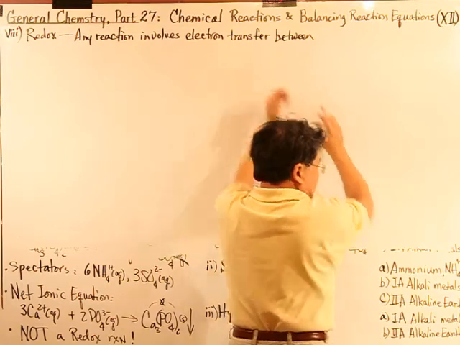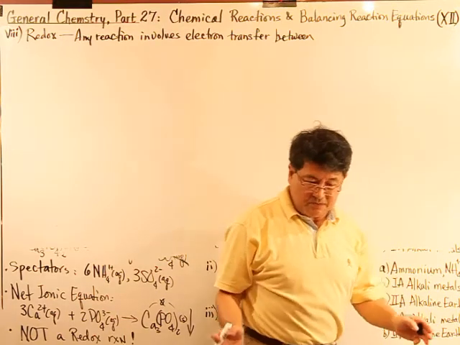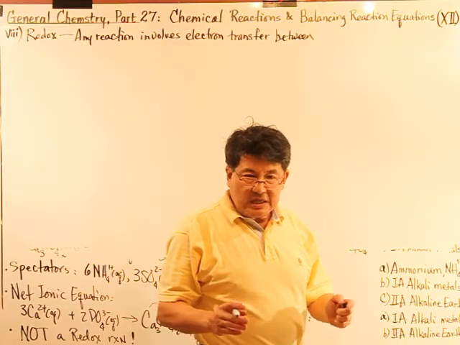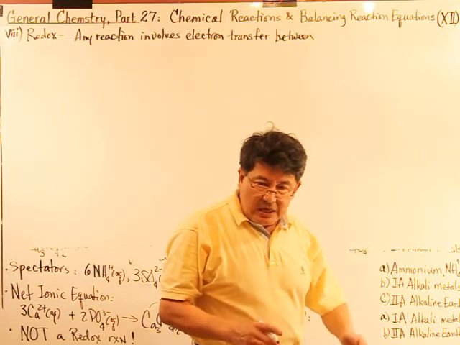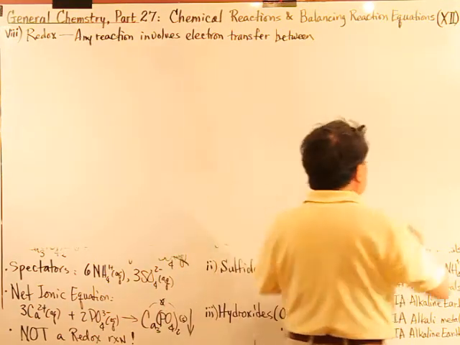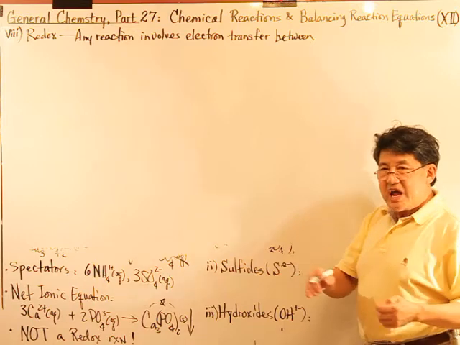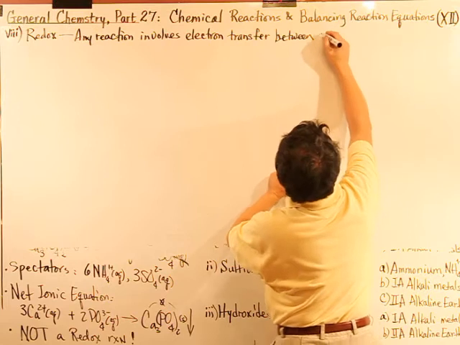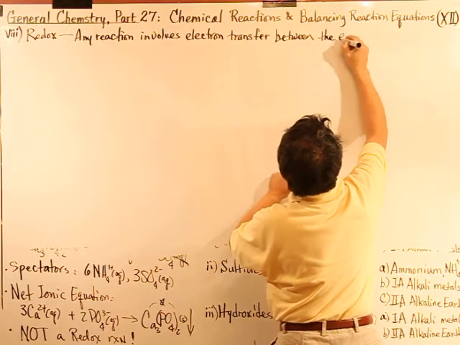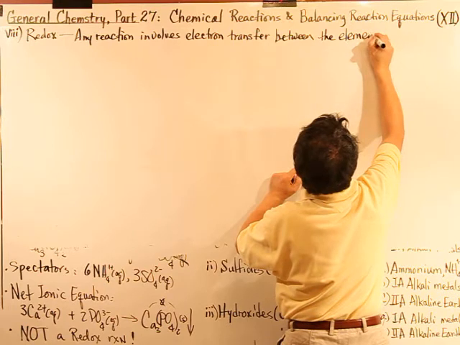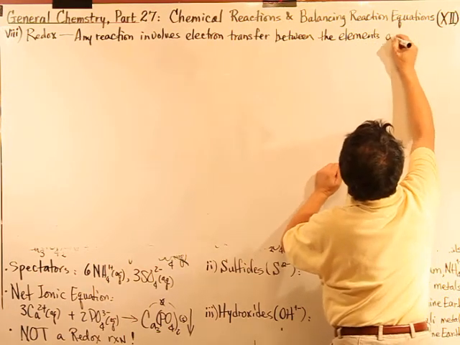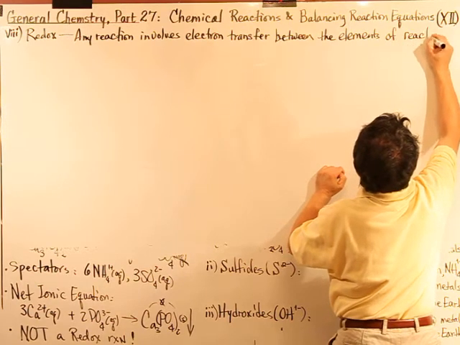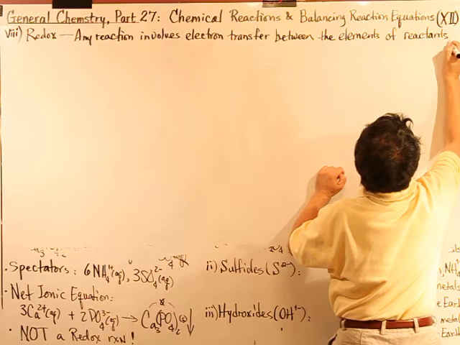I want you to understand, electron transfer must occur between the elements of the reactants, all right, not between the reactants and the products. I will say why in the near future. Between the elements of reactants. Right?